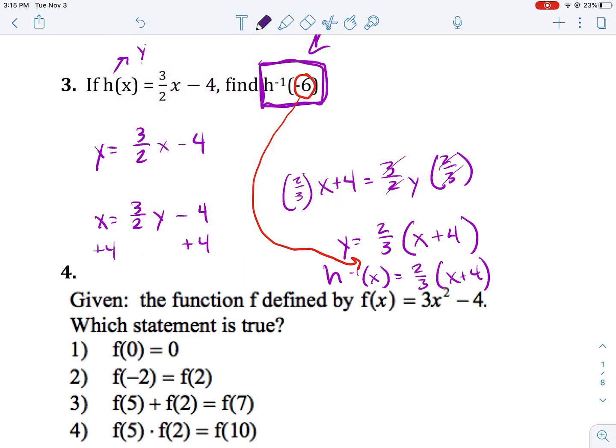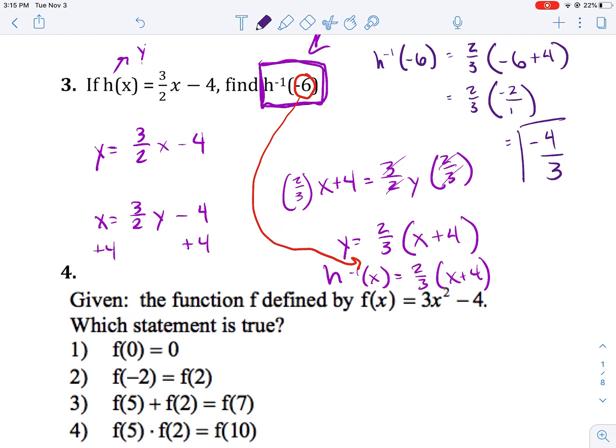So we're going to have h negative 1 of negative 6 is equal to 2/3 times negative 6 plus 4. Add those two together, I get 2/3 times a negative 2. I'm going to write that over 1. And now I just multiply across. So I get a negative 4/3.